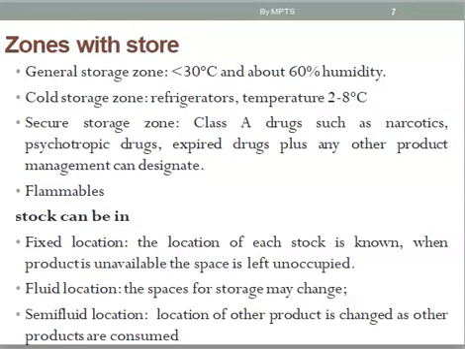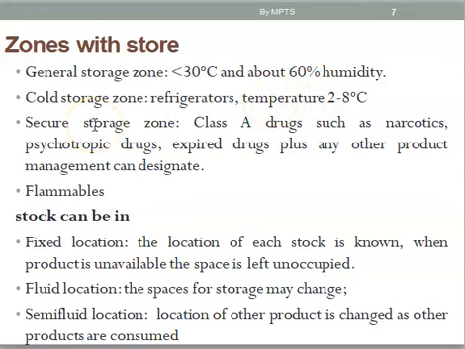Of course, let us look at different zones in a pharmacy, or in a general store. We have the general storage area, at least less than 30 degrees Celsius, and controlled humidity. Sometimes we have cold storage. These are in refrigerators for keeping cold chain items, 2 to 8 degrees Celsius.